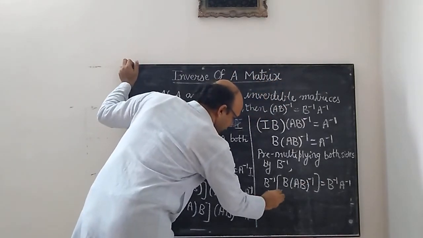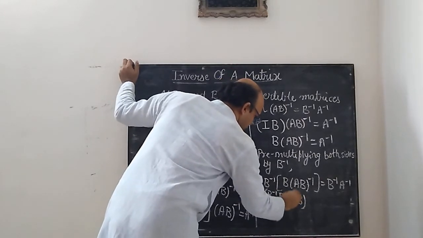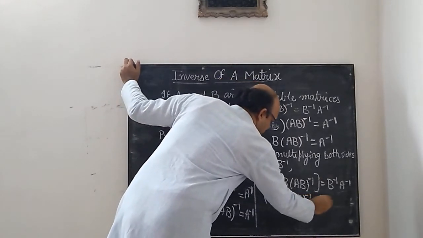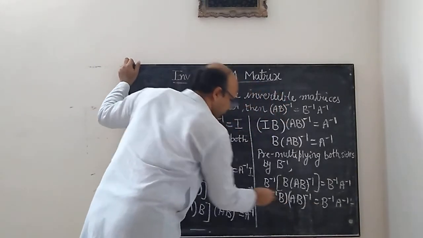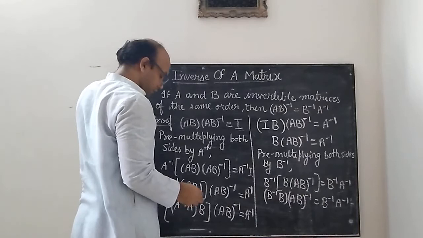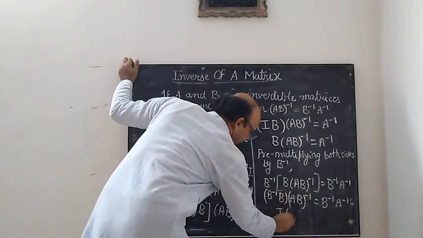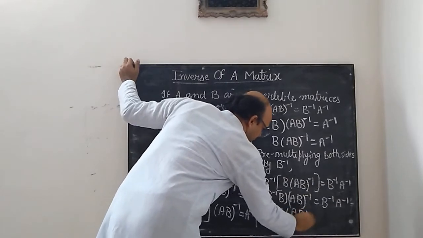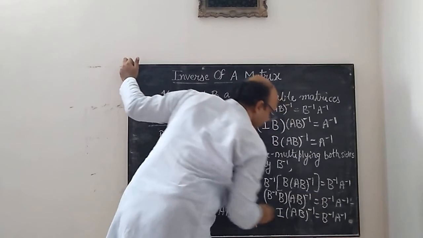We apply the associative property. Now B inverse into B is the identity matrix, so this is I. AB inverse is equal to B inverse into A inverse.